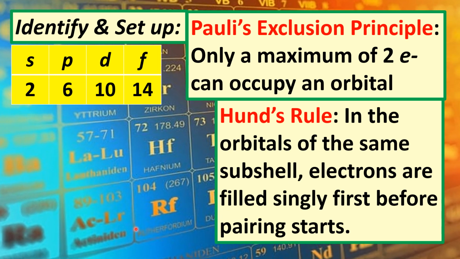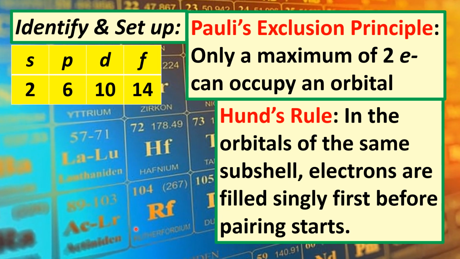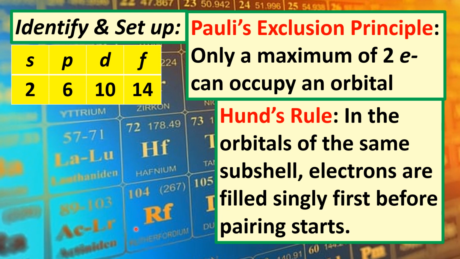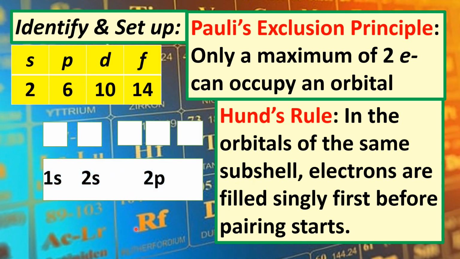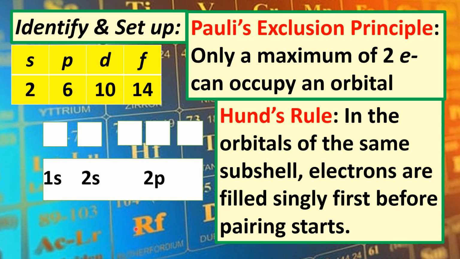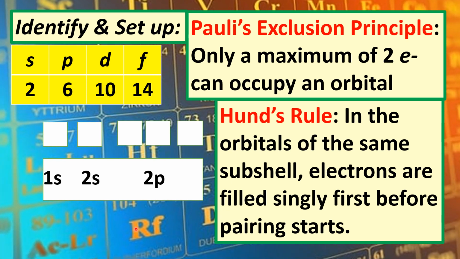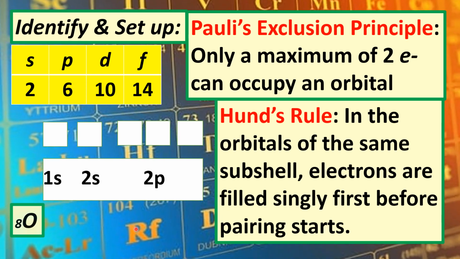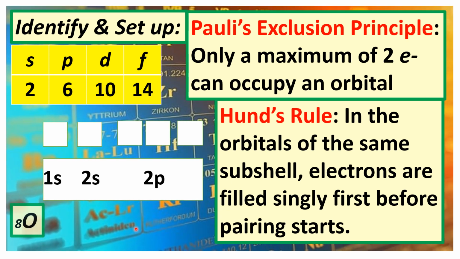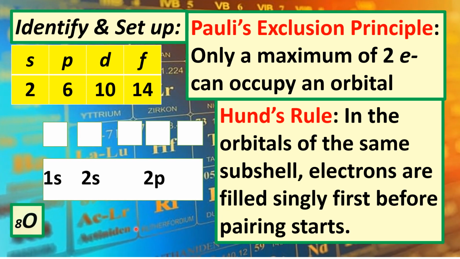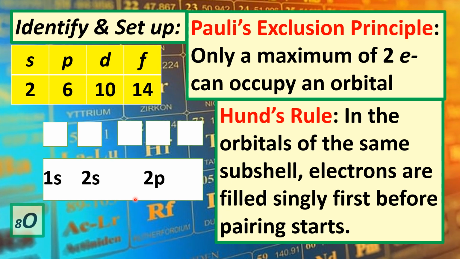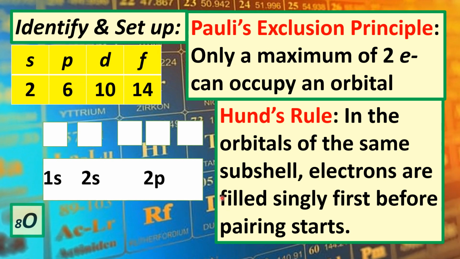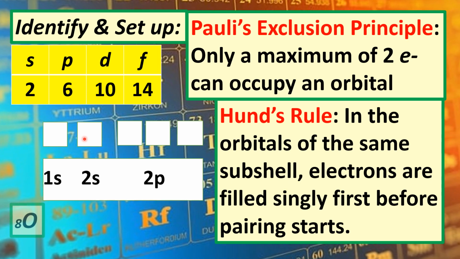So, to illustrate these two rules, supposing you are to write the electron configuration of the element oxygen, whose atomic number is 8. And imagine that these boxes represent the different orbitals.